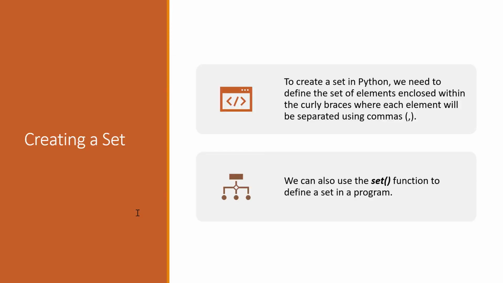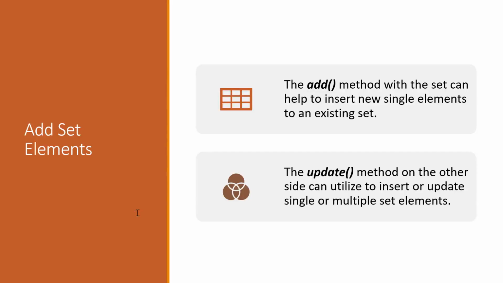Now let's move to our next topic and understand how we can add new elements to an existing set. Like other sequence data types, elements or items of a set will not have any index value. Therefore, we cannot utilize indexing and slicing on sets to insert or update any element. But instead of indexing, we can utilize built-in set methods for this task.